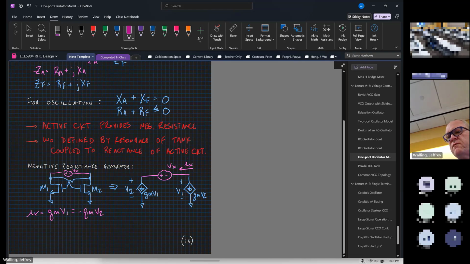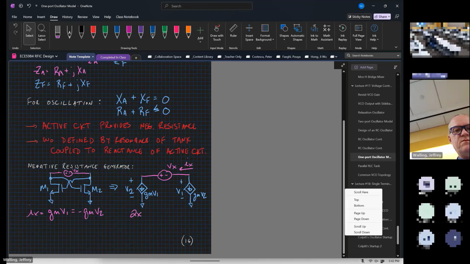We can also say 2Ix is equal to Gm times the difference between V1 and V2, which is equal to the value of Vx.